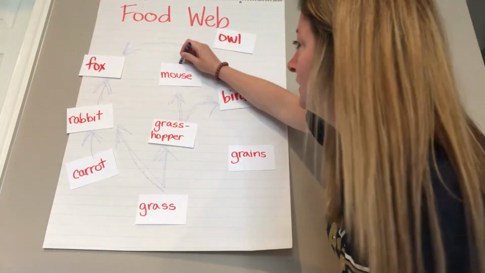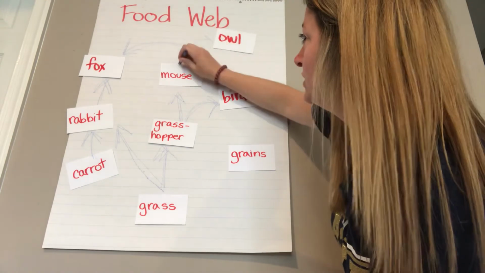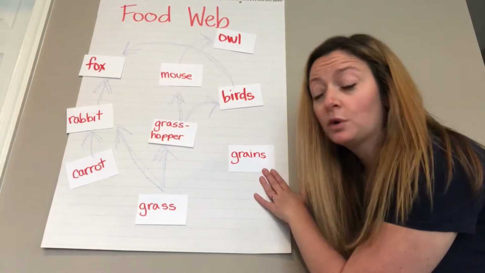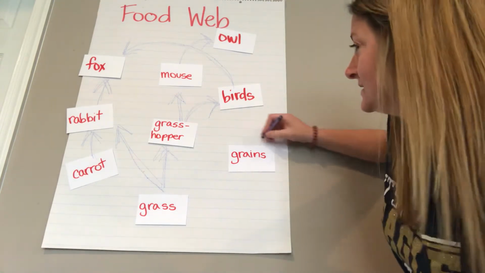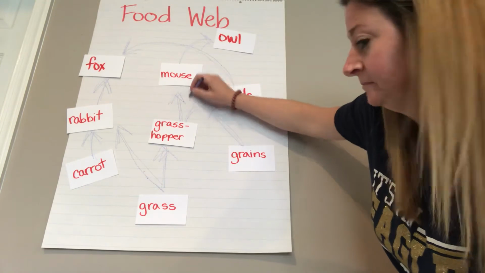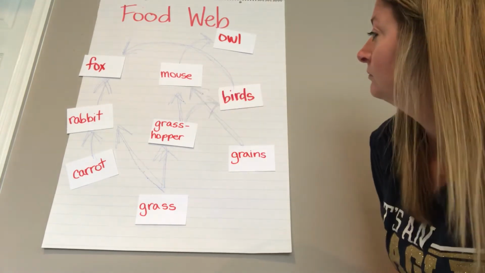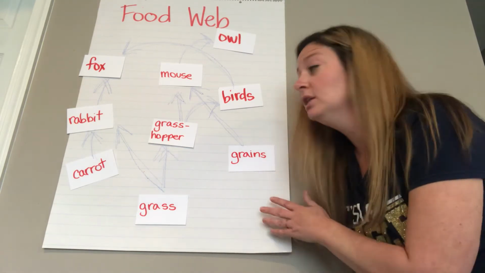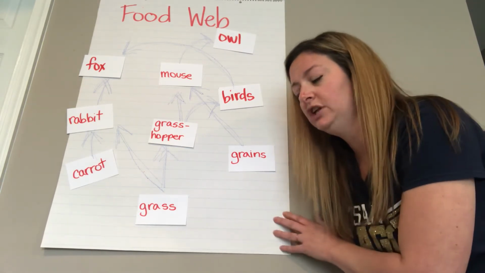This mouse is going to give energy to the owl. Okay? We come over here to our grains. The grains also give energy to the mouse. Okay? So looking at this food web, we see that all of these things are very much intertwined.